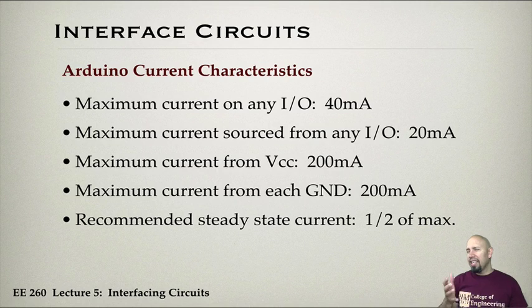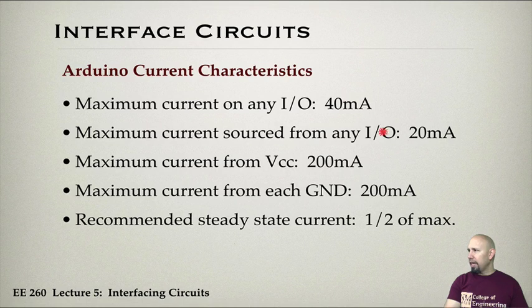Okay, so it's kind of interesting when you think about how current arises in circuits. Again, Ohm's law still applies, but it's not always obvious to see what the voltage source is, what the resistance is, and so forth. So the critical thing here is that you can actually have more current allowable than you can actually put out. In particular, this occurs when you have a digital pin that you've set high.